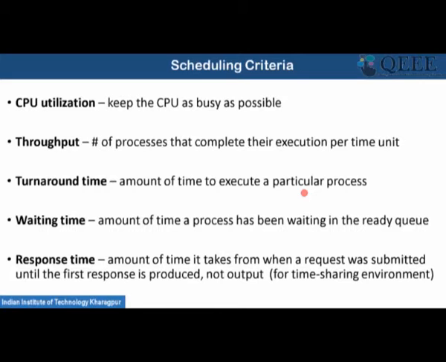The process again migrates to the ready queue, and after some time you re-execute the process. So the turnaround time contains the total time taken to execute a particular process. Then the waiting time is the amount of time a process has been waiting in the ready queue.